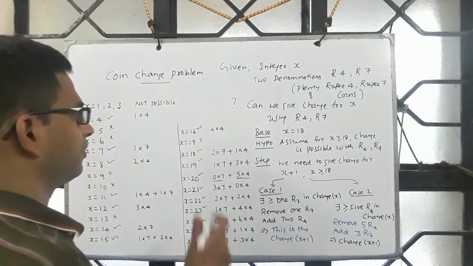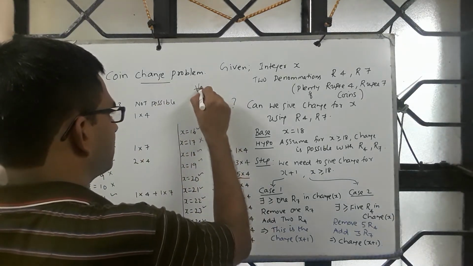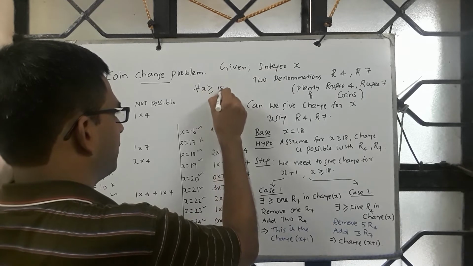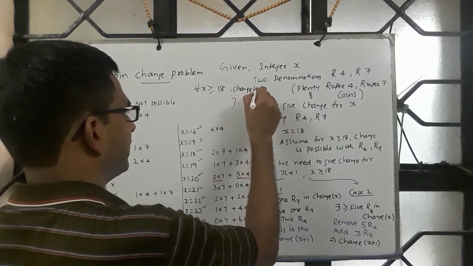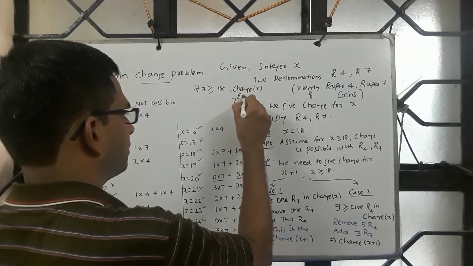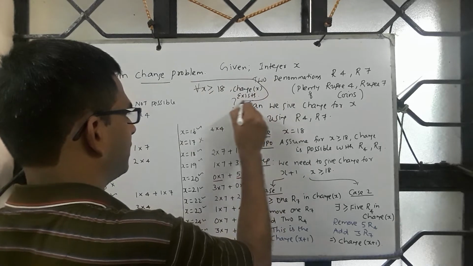Therefore, this claim, so for all x greater than or equal to 18, change of x exists. That's our claim.